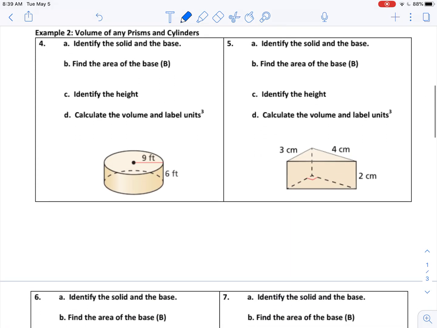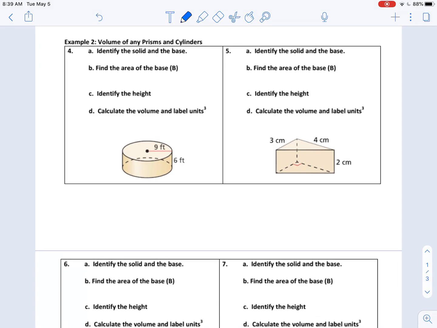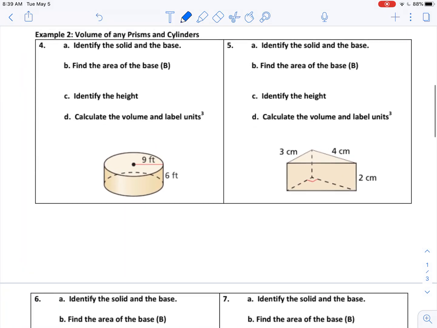Okay, now let's talk about, I'm going to identify this solid and the base. So here's my solid. It's a cylinder, not a polyhedron because it's got curved sides. Here's the base, these non-rectangular sides, if you have non-rectangular sides.